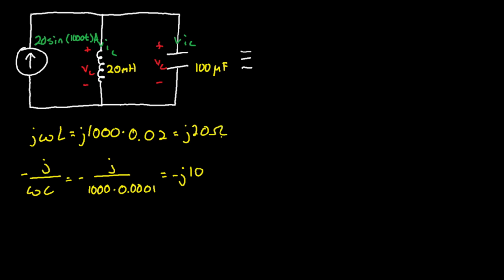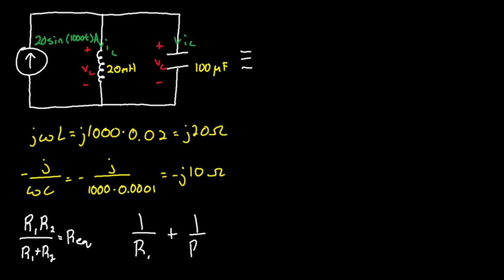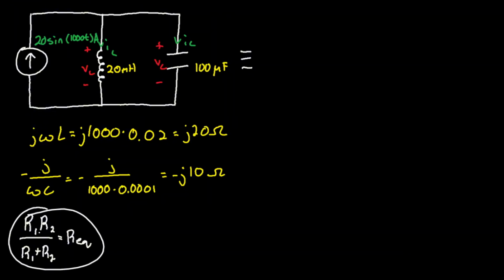Well, a really simple one that you should use, especially for impedances, is this guy right here. Instead of using 1 over R1 plus 1 over R2 plus 1 over R3, blah, blah, blah, which equals 1 over REQ, which is a little too much math for polar coordinates, you have this derived formula right here that you can use to solve for the equivalent resistance when you just have two resistors.